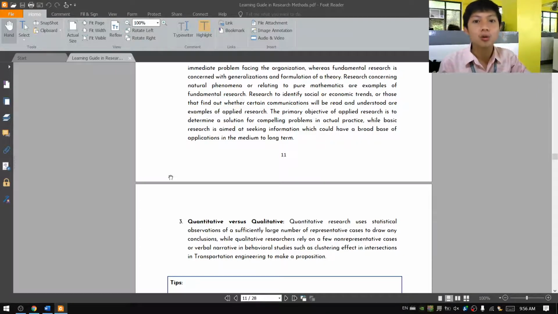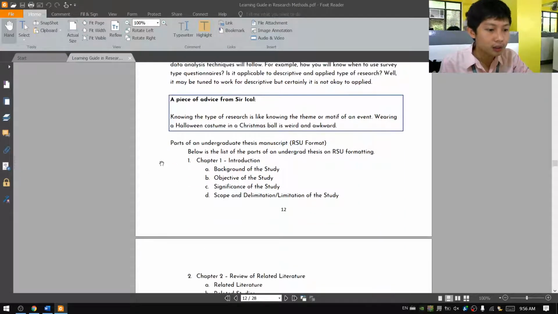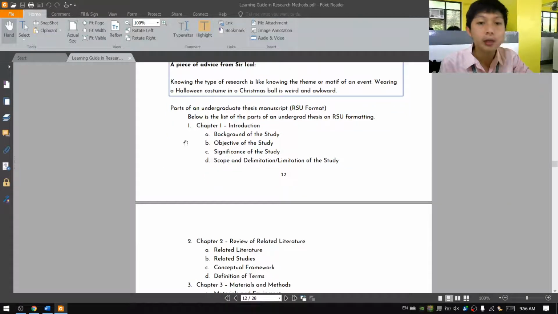If you're confused, you can ask Google for quantitative research statistical tools. That should give you the list of tools you can use, whether t-test, z-test, ANOVA, or whatever. It depends.